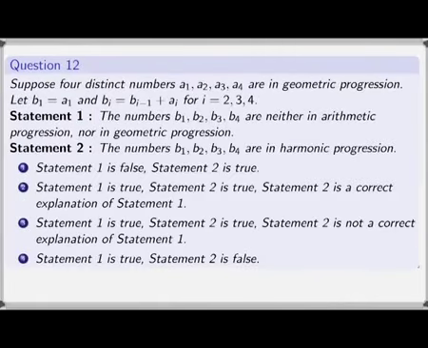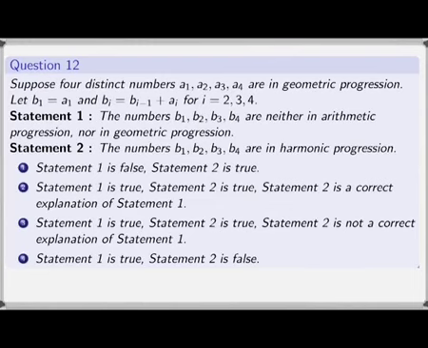In this question we have 4 distinct numbers a1, a2, a3 and a4 which are in a geometric progression. We have b1 is equal to a1 and bi is equal to bi minus 1 plus ai for all i is equal to 2, 3 and 4. Then we have two statements.